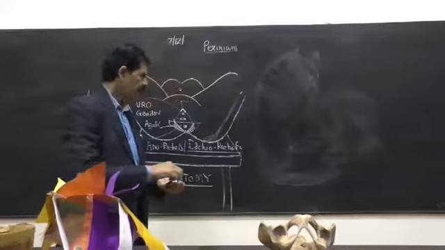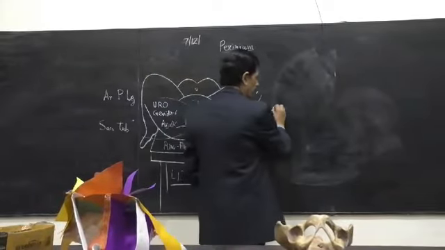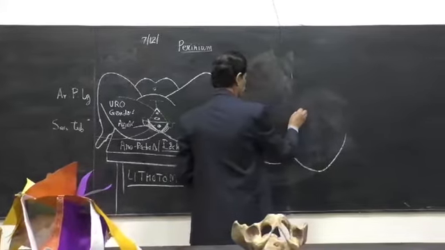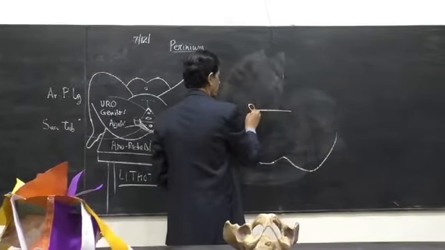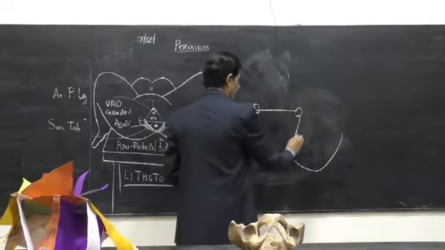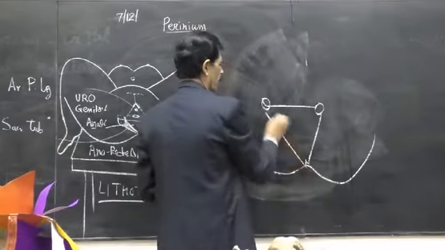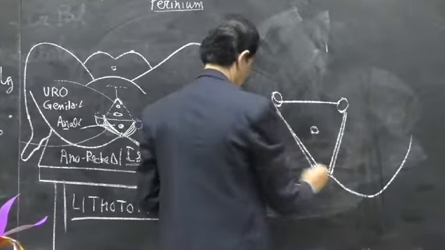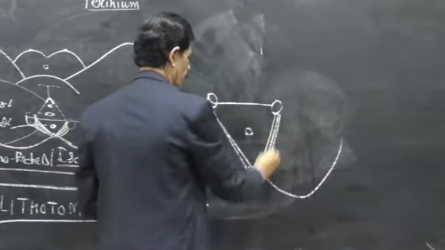So we make it bigger, enlarge it. The ischial tuberosity in position, the sacrotuberous ligament, the tip of the coccyx, and here lies the anus or the anal canal opening outside. So these are the sacrotuberous ligaments.